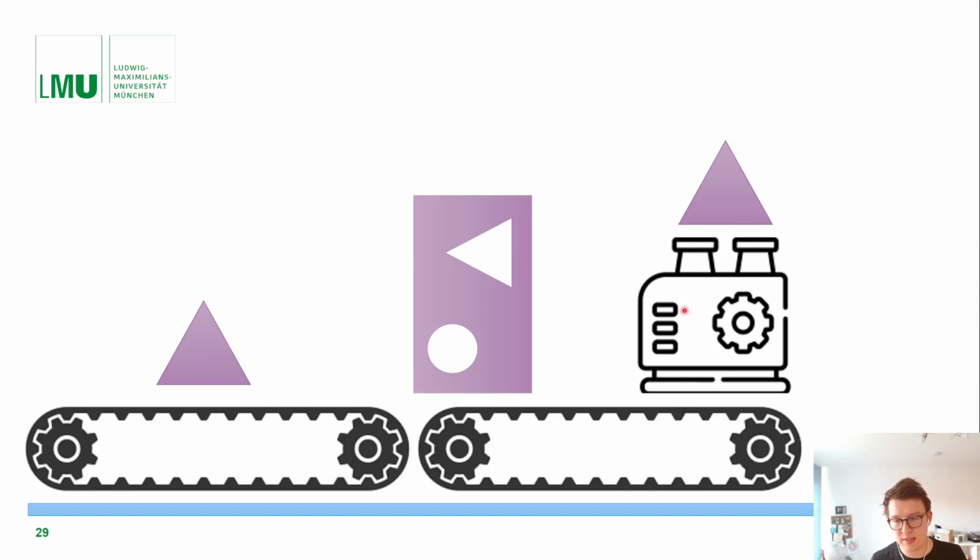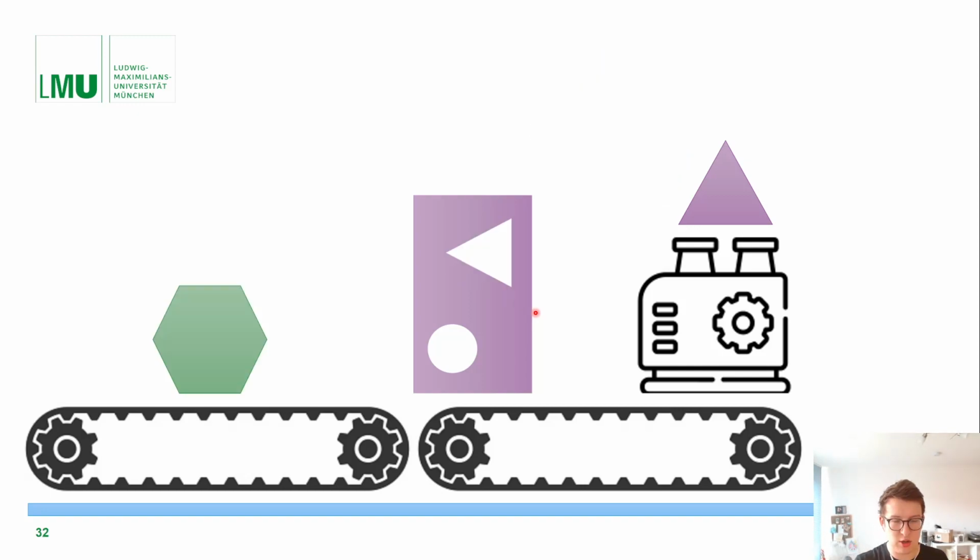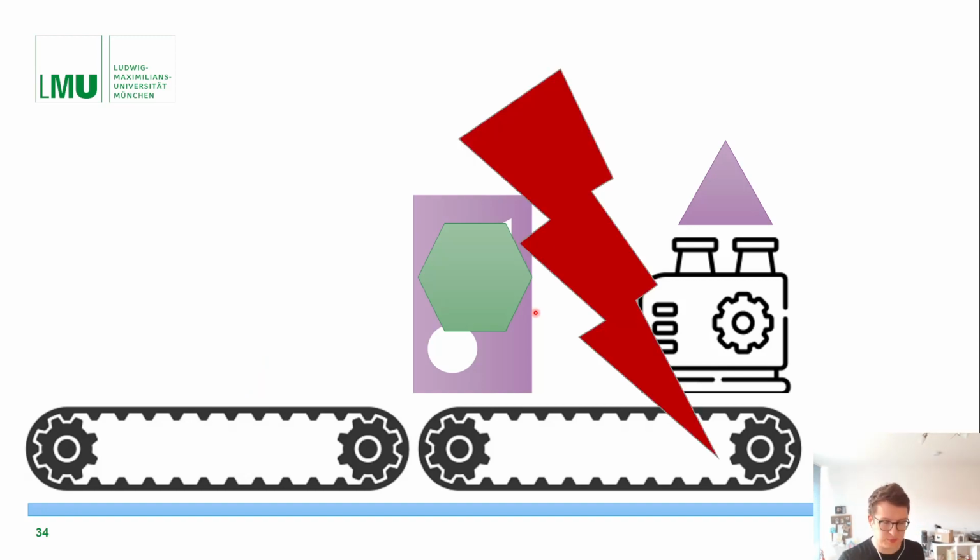If it passes the test, it can go into the machine. If it doesn't pass the test, it can't go into the machine. So if the purple triangle is processed through the machine, we are happy. If the hexagon goes through the test, it doesn't pass, and we are unhappy, but at least now we know we don't produce this wrong star.